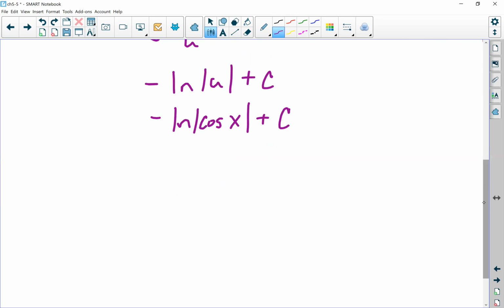I say one of the answers because with logarithms and trig functions, there are several ways that you could rewrite this. For instance, I could bring the negative inside as a power. And cosine to the negative first is 1 over cosine, and that's secant.